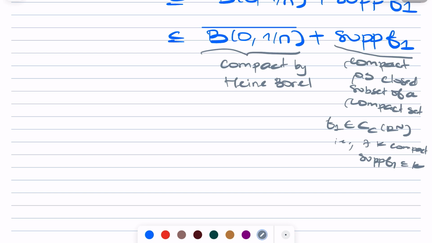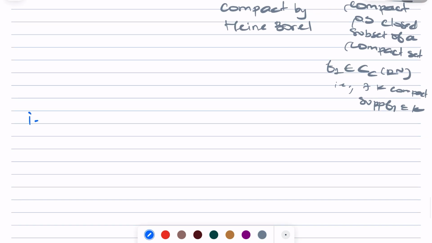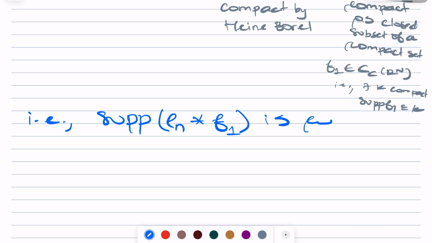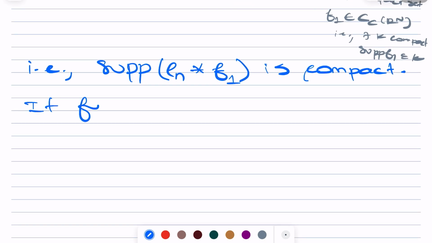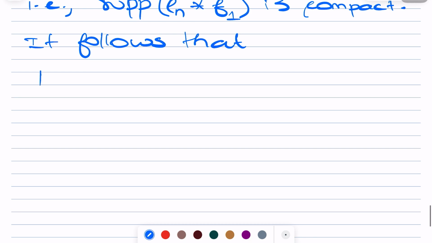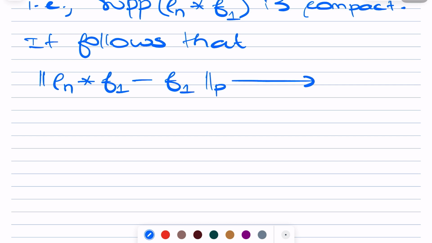So this means that the support of the convolution product of rho n with f1 is compact. It follows that the Lp norm of rho n convoluted with f1 minus f1 actually goes to 0, as n goes to plus infinity.